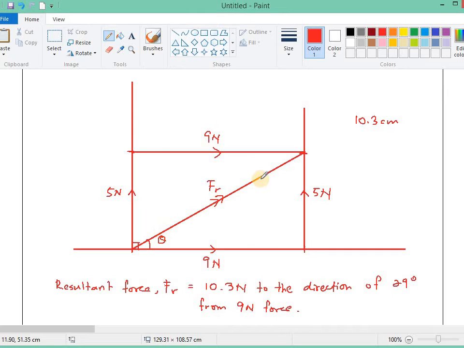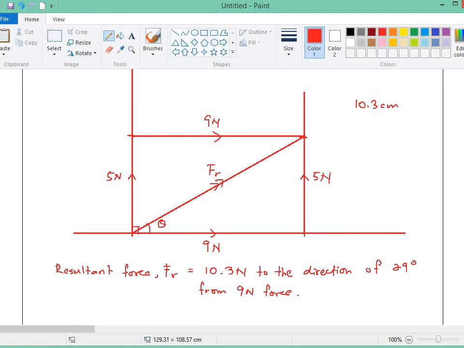It will have acceleration in the direction of 29 degree from the 9 Newton force. The acceleration can be calculated if we know the mass of the object. We just take the 10.3 Newton, divide by the mass, and then we get the acceleration of the object.